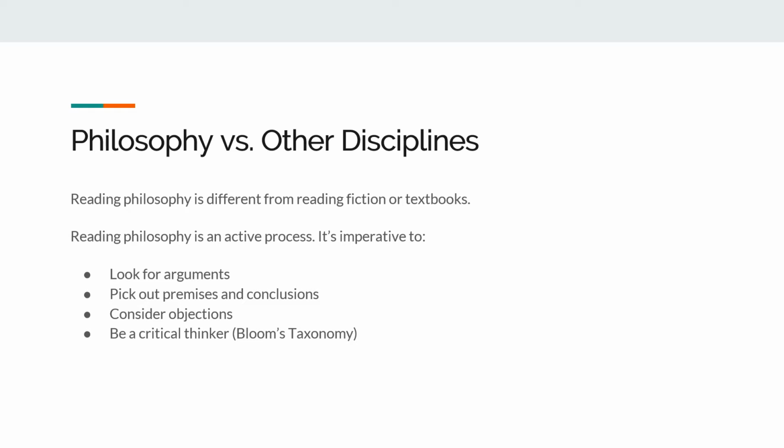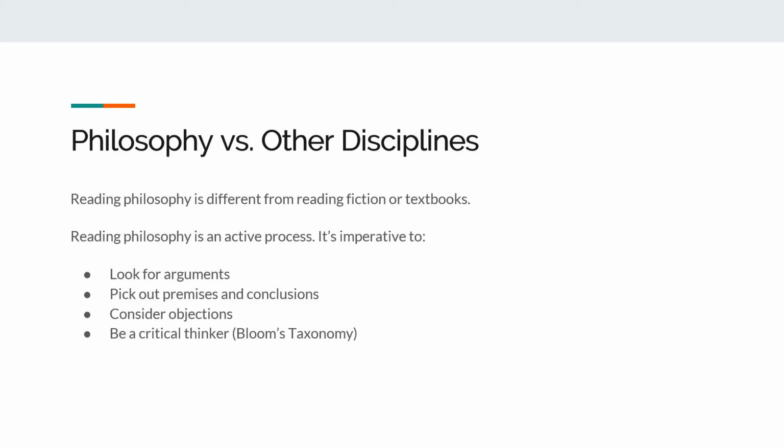And so when we read philosophy, it's a much more active process than just reading a textbook. Part of the reason that it's such an active process is because you're having to do a lot of the work when it comes to looking up what the arguments are or understanding the arguments.